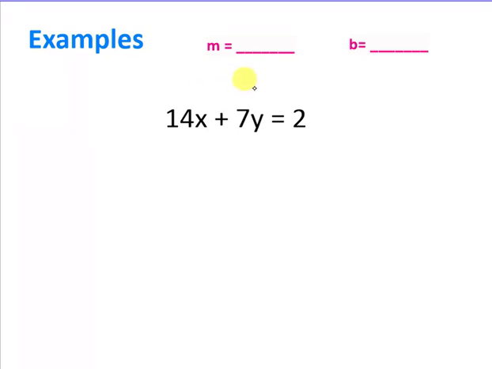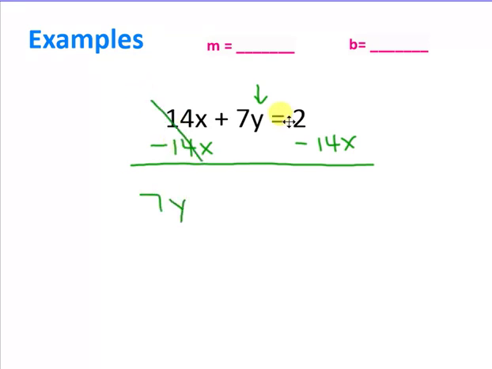All right, next one. So here's our y. What terms are attached to it? So I have a 14x. So I'm going to do minus 14x on both sides. Positive 14x and minus 14x cancel. So I have 7y, bring down my equals, bring down my negative 14x plus 2 because it's a positive 2.